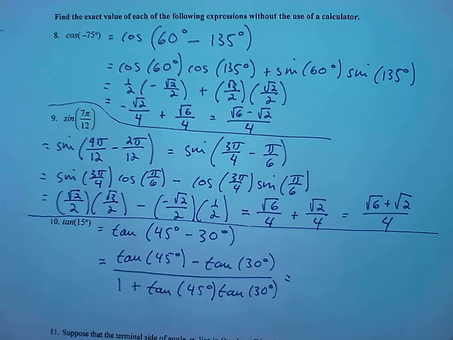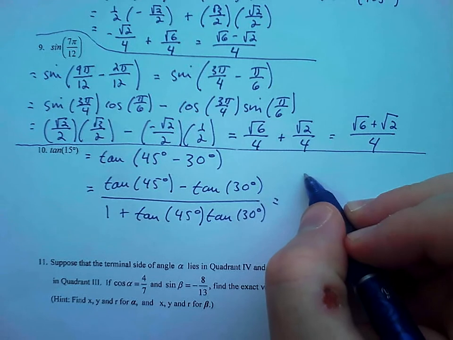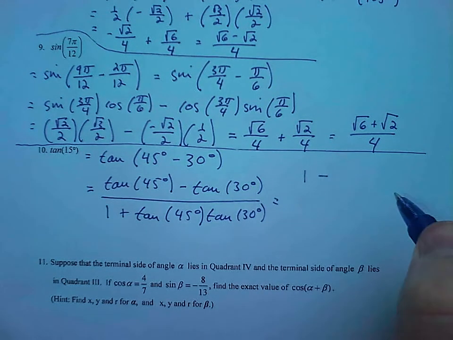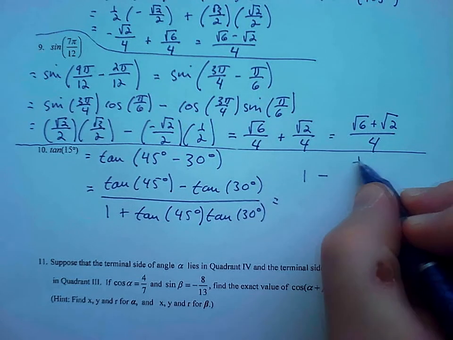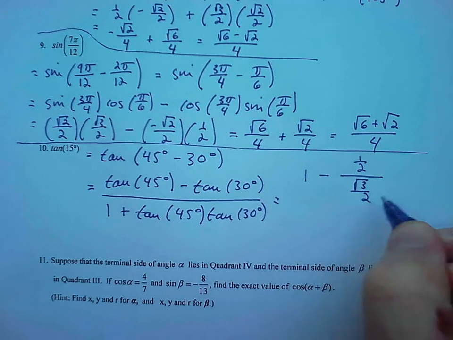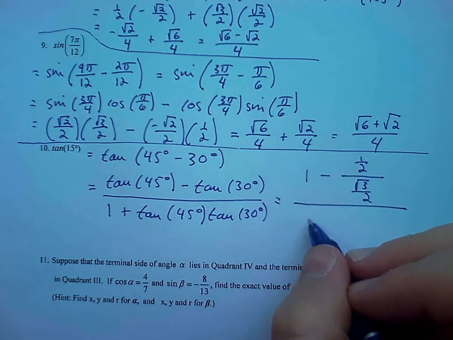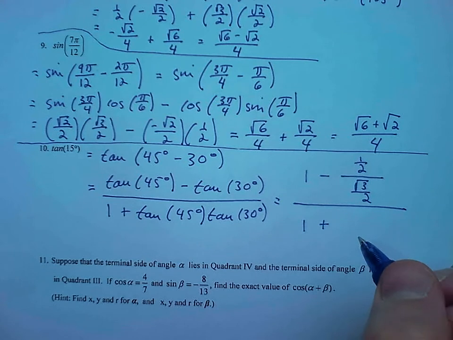Alright, so let's see here. Using our unit circle, this becomes a little bit complicated, but the tangent of 45 degrees is just 1. The tangent of 30 degrees is the same thing as the sine of 30 degrees over the cosine of 30 degrees. Now here in our denominator we get 1 plus the tangent of 45 degrees, which is still just 1.